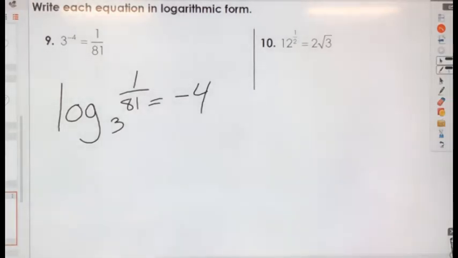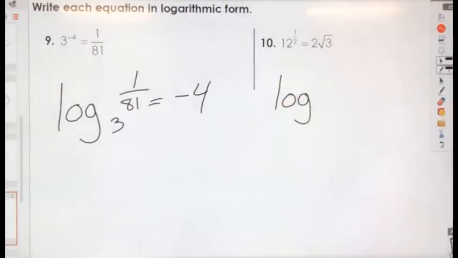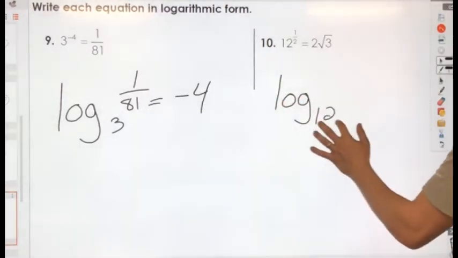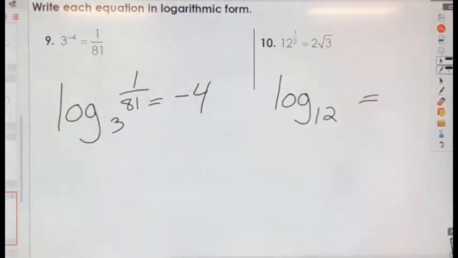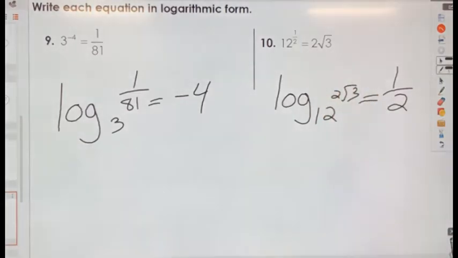Log base 3 of 1/81 equals -4. Next, log with a base of 12 equals 1 over 2, my power. And now the only other number on the left goes in my only spot left. So log base 12 of 2 times square root of 3 equals 1/2.